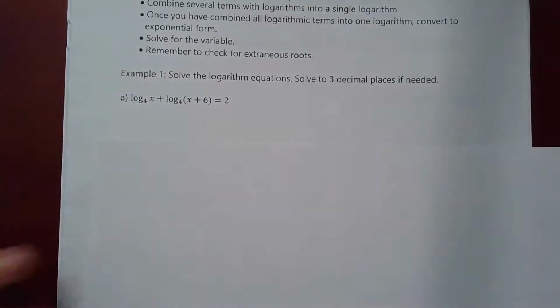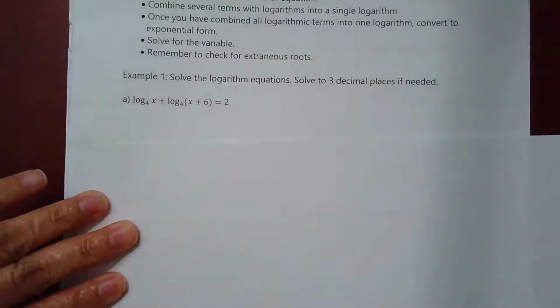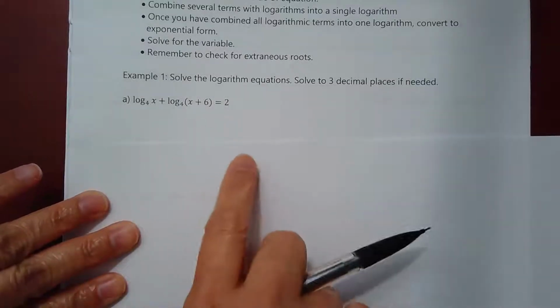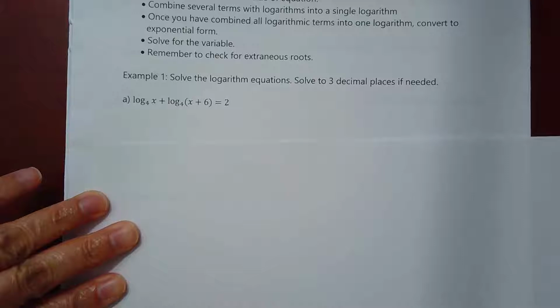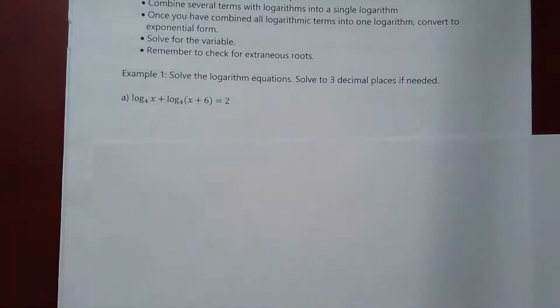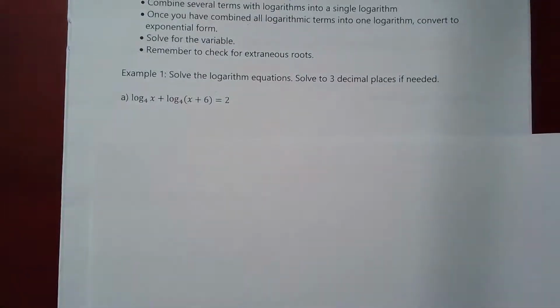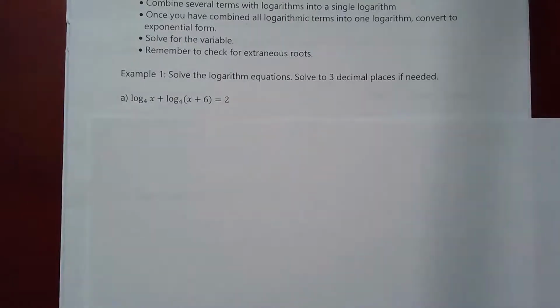What I'm going to do is do that on a separate sheet of paper so that I can show all of the work and also the checking, because I find that we didn't have enough room in here for us to show all of our work. So let's do example 1.